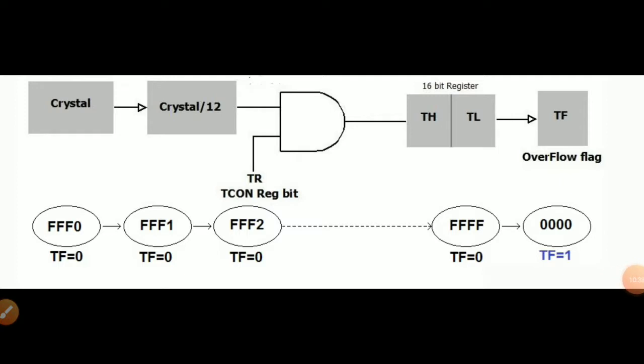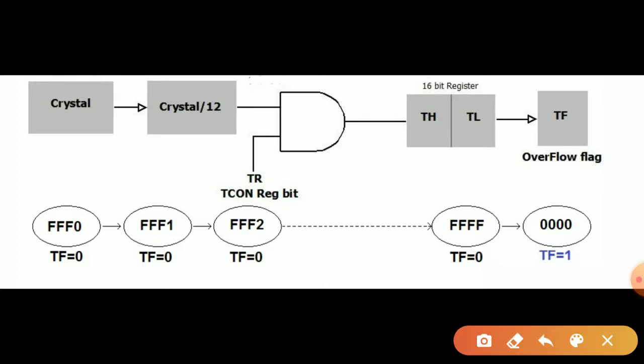This is the model of timer in mode 1, wherein the full 8 bits of TL and TH are used. For your proper write-ups in the book, you interchange the position of this TL and TH so that always the lower byte will be incremented first and the higher byte will be incremented next.